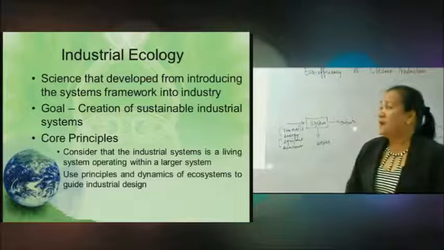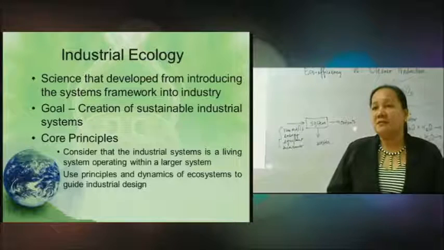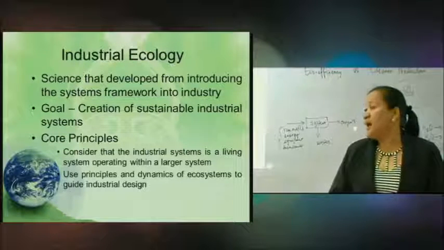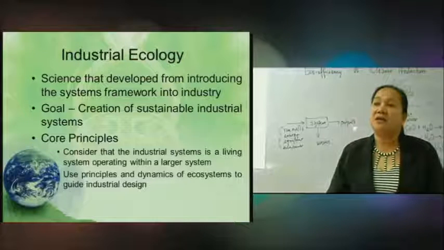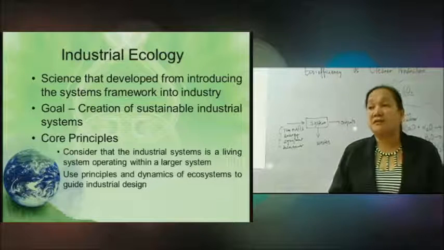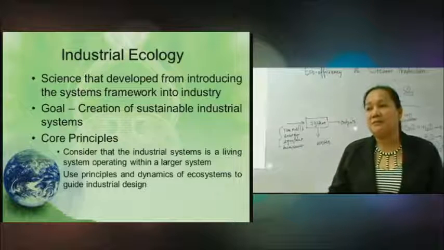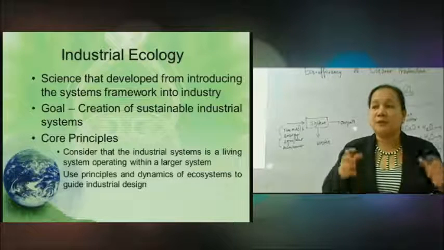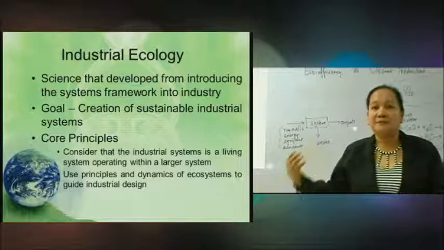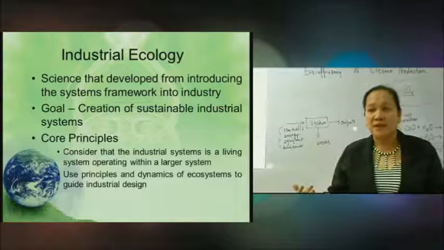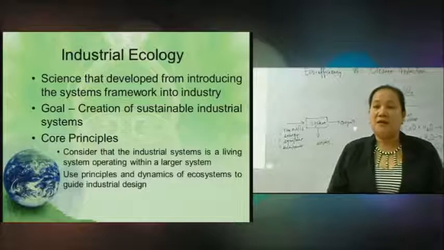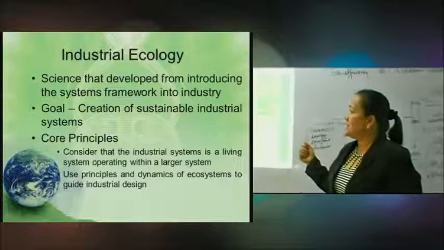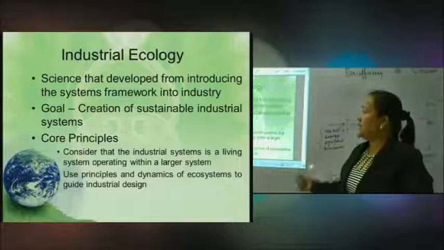Now, sustainable development is being run by a science, which is what we call industrial ecology. A while ago, I have defined ecology as interaction of the biotic and abiotic components of the ecosystem. So these different matrices of the environment will now be reacting with the sphere that we have introduced. What was that sphere again? It's technosphere. So industrial ecology is the science that developed from introducing the systems framework into industry.